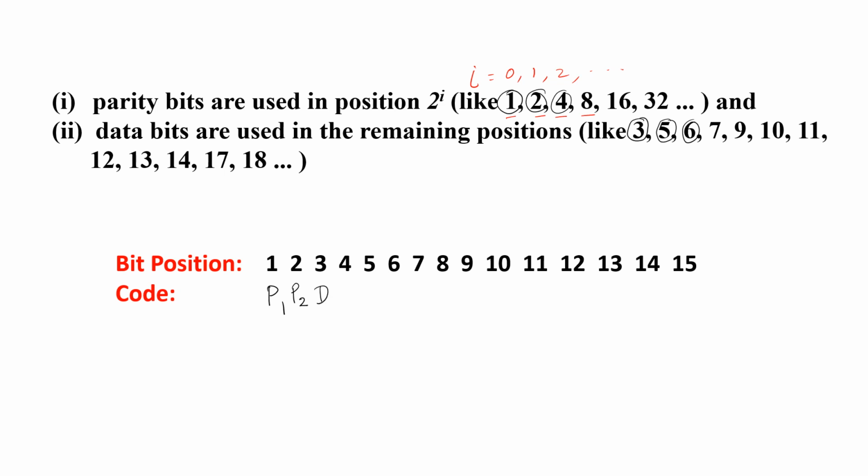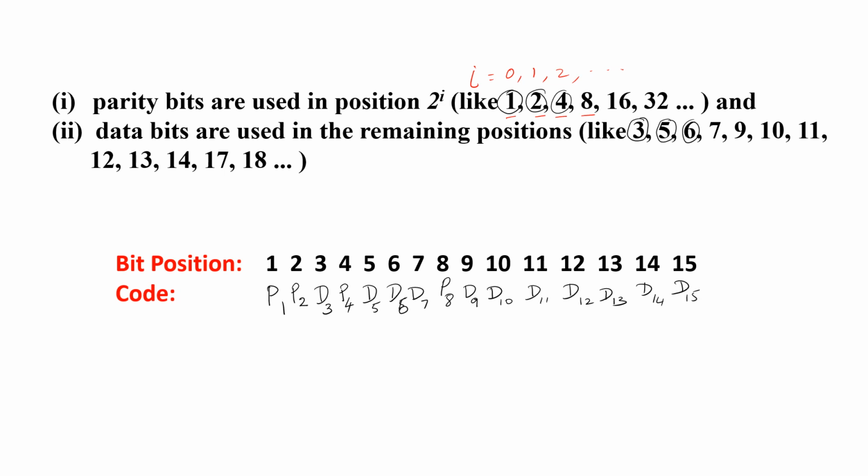So the data bit D3, and in the fourth position parity bit P4, fifth is data, sixth is data, and seventh is also a data bit, and in eighth parity, ninth is data, 10th is also a data bit, 12th also a data bit, 13 is a data bit, 14 is also a data bit, 15 is also a data bit.